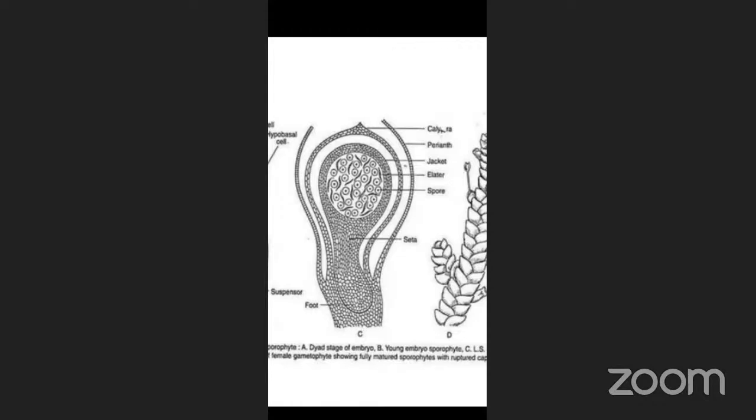The upper half of the epibasal cell forms the capsule and the lower half forms the foot and seta. The sporogenous tissue of the endothecium forms the spore mother cells, and some sterile elaters also develop.